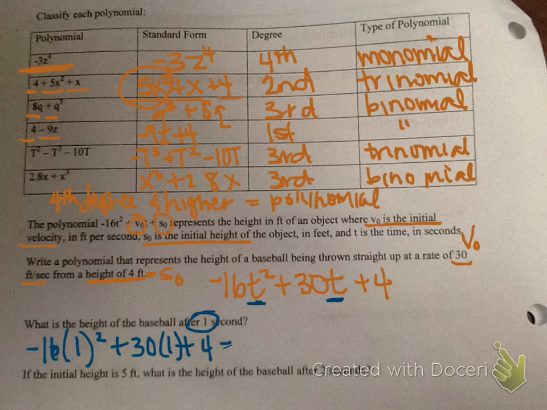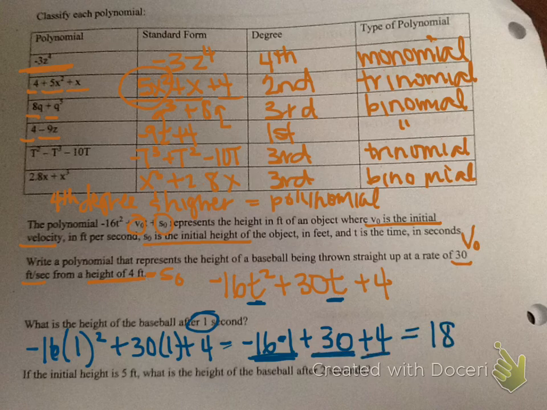So we got negative 16 times 1 plus 30 times 1 is 30 plus 4. This is negative 16. Negative 16 plus 30 is 14. 14 plus 4 is 18.